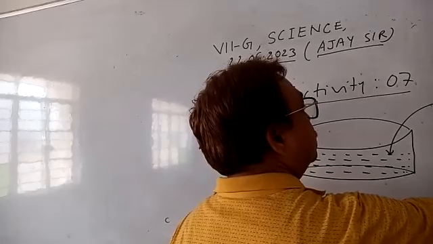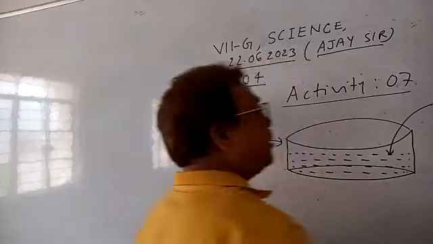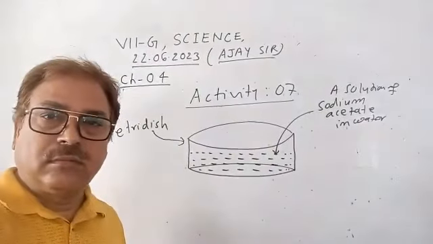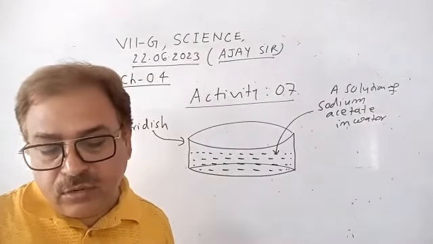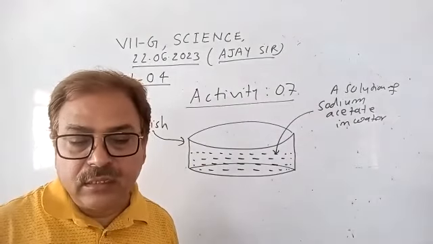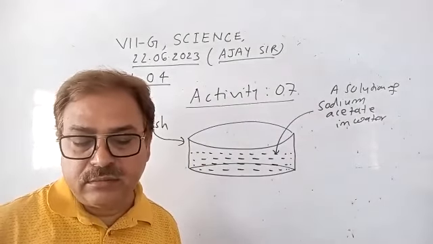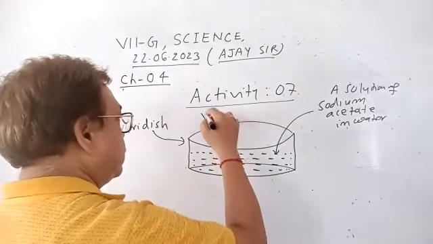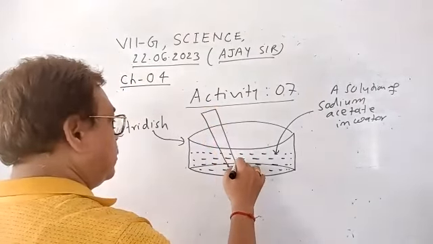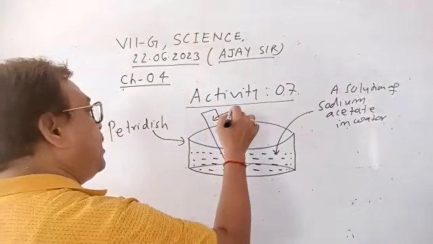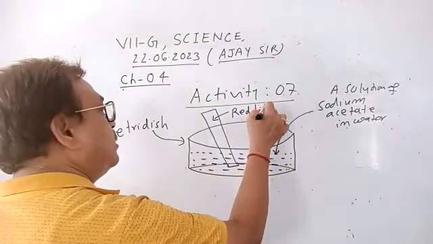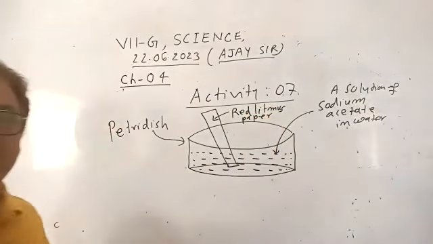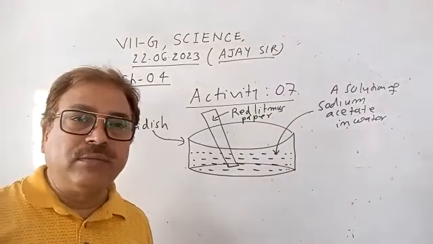The solution of sodium acetate in water is taken in the petri dish. Now what you will do is take a red litmus paper and make an observation.